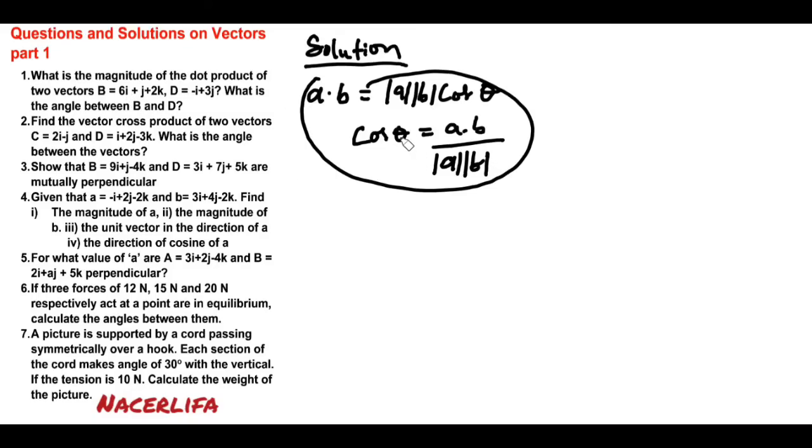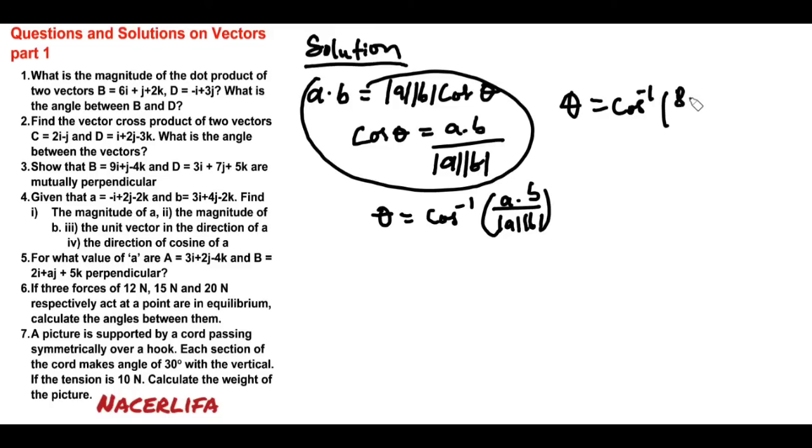So of course, the angle theta equals cos inverse of A dot B upon A magnitude B magnitude. So in this case now, we have theta equals cos inverse of B dot D upon B magnitude D magnitude.